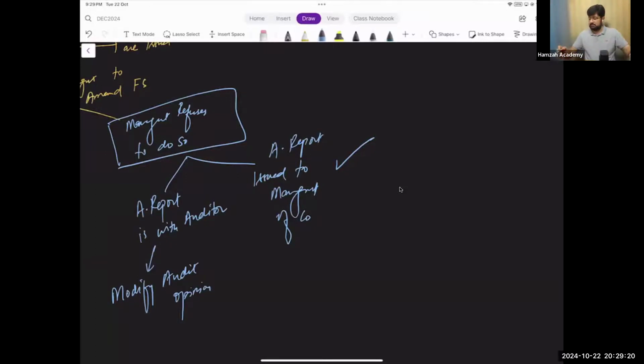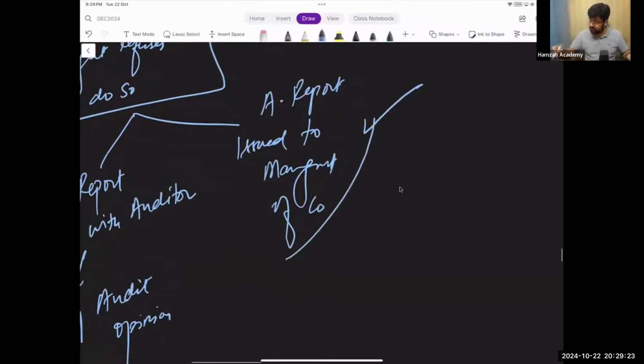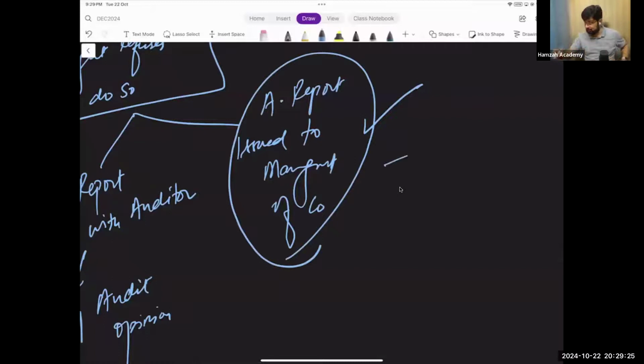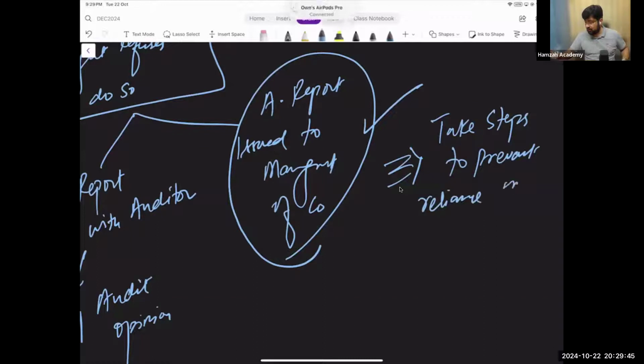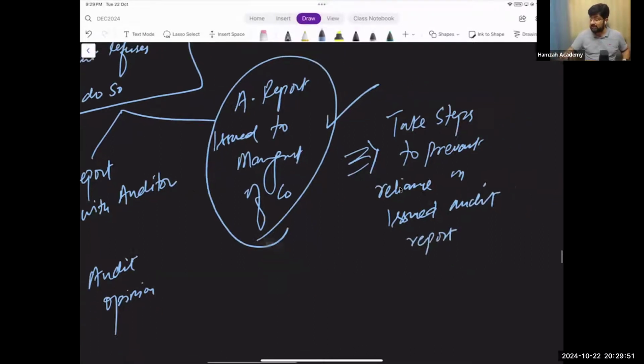In that case, audit report issued to the management of company, we will say over here one thing: take steps to prevent reliance on issued audit report. What can be the steps?